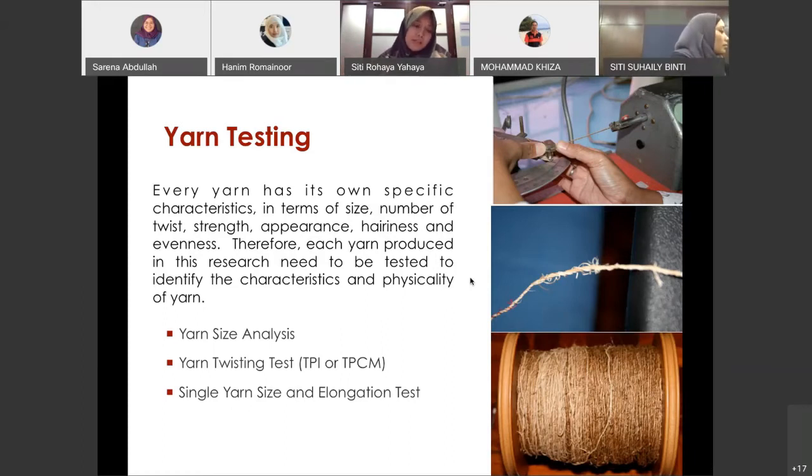The final test is the single yarn size and elongation test. This test is to measure the strength of the EFB yarn. It shows that EFB yarn can be elongated up to 65.7 millimeters, and the force required to break the yarn is 19.07 Newton.